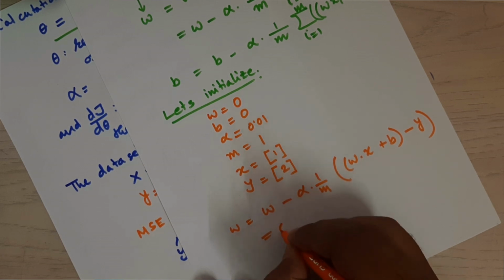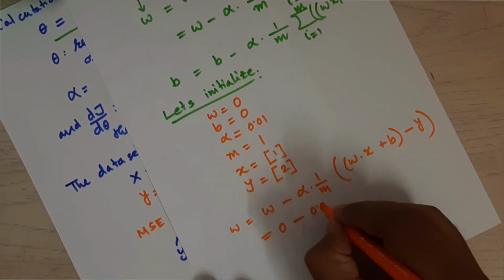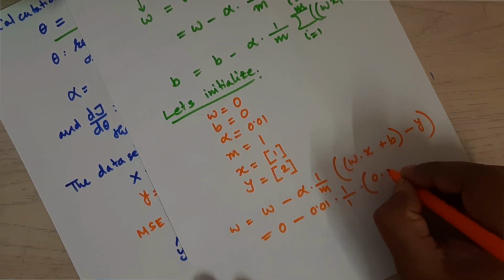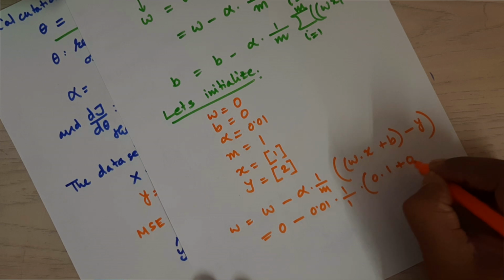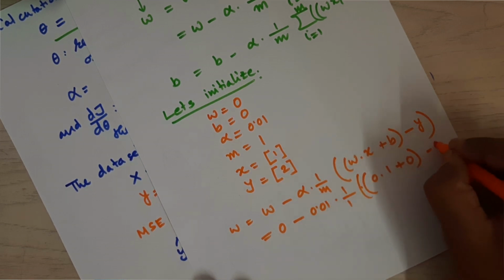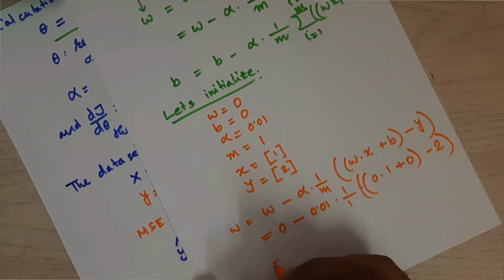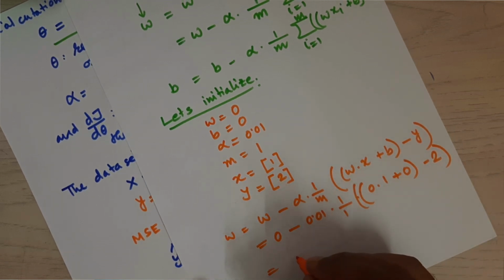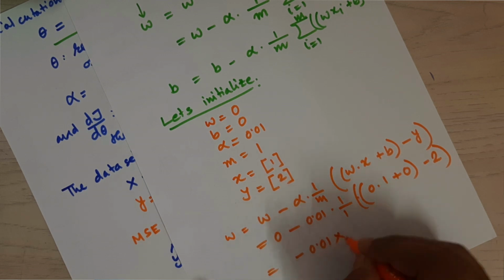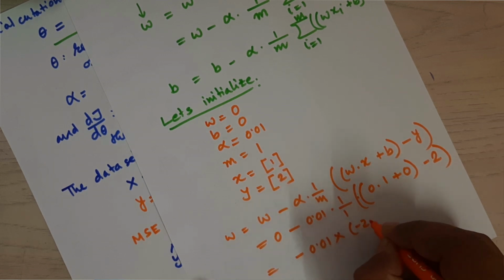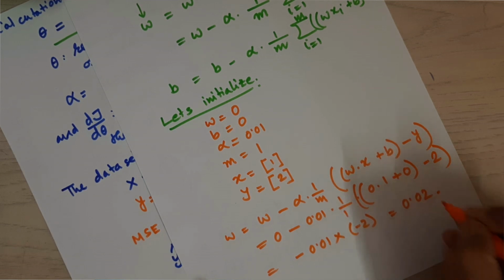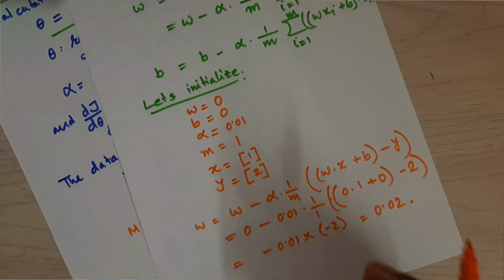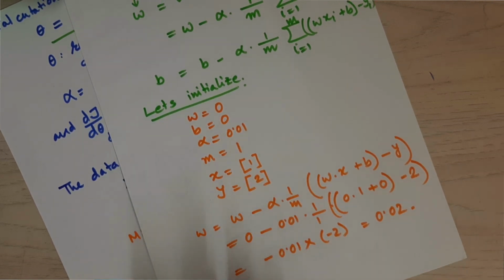Now putting the values, w is equal to initial value 0, alpha is equal to 0.01, m is equal to 1, w is equal to again 0, x is equal to 1, b is equal to 0, and then y is equal to 2. So then that will be minus 0.01 into minus 2. So that will be 0.02. So that is the new value of the w after the first iteration.